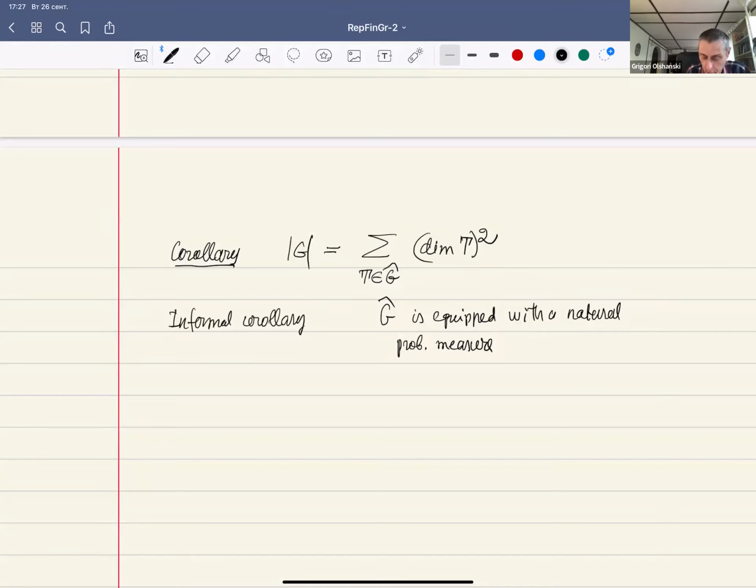Namely, the weight of some T, an element of this finite set, is, by definition, its squared dimension divided by the order of the group. So this is a positive quantity, and the sum of all these quantities equals 1. So this gives us some probability measure.